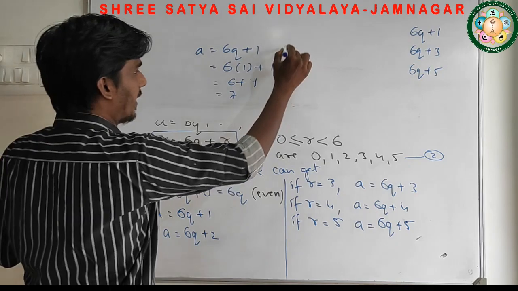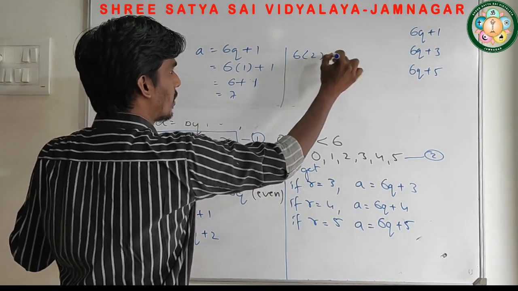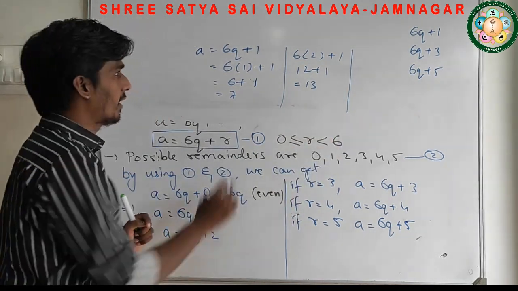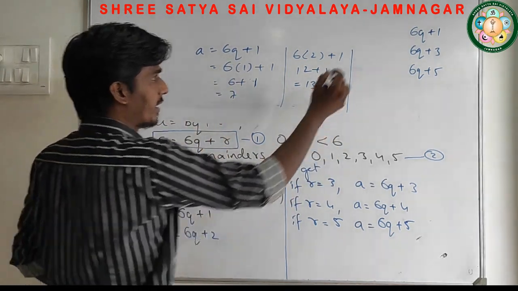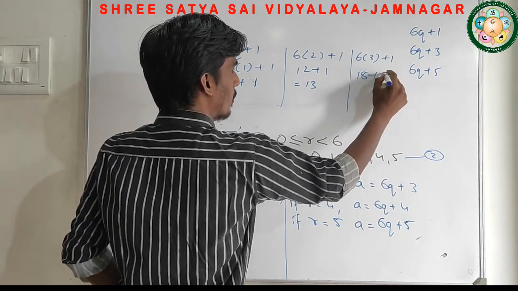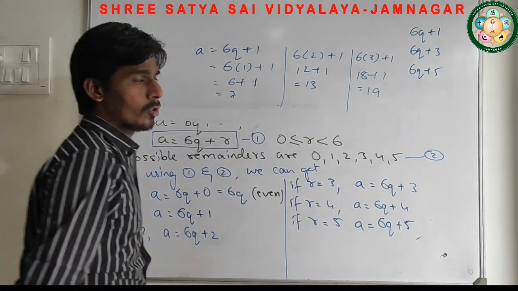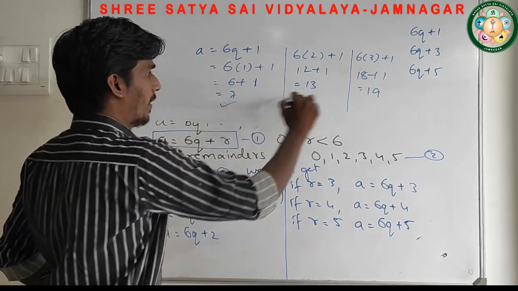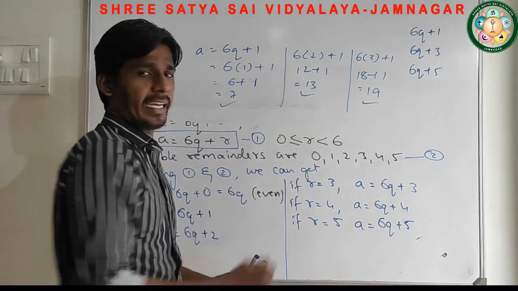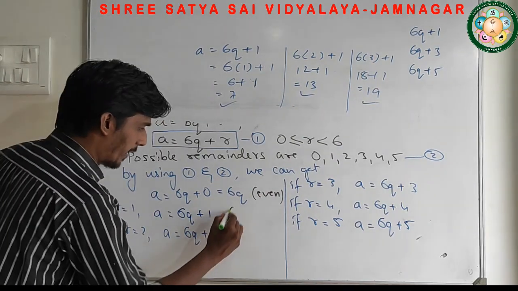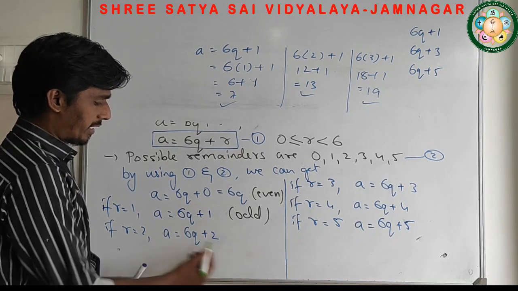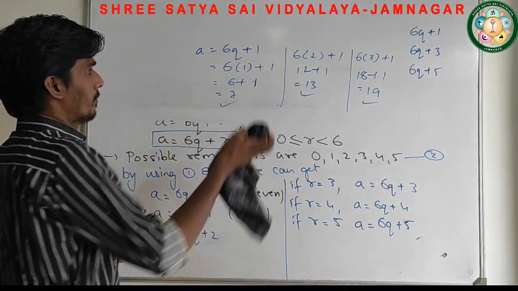Now instead of Q I'll take 2. 6 twos are 12 plus 1, 13. Similarly, instead of Q, I'll take 3. So 6 threes are 18 plus 1, so it's 19. So in each and every case, 7, 13, 19, am I getting odd integers? Yeah, I am getting odd integers. So here I am going to write it's an odd.